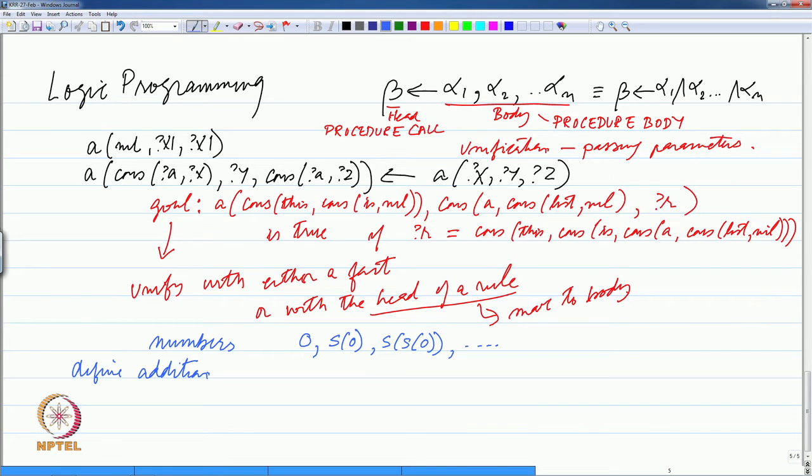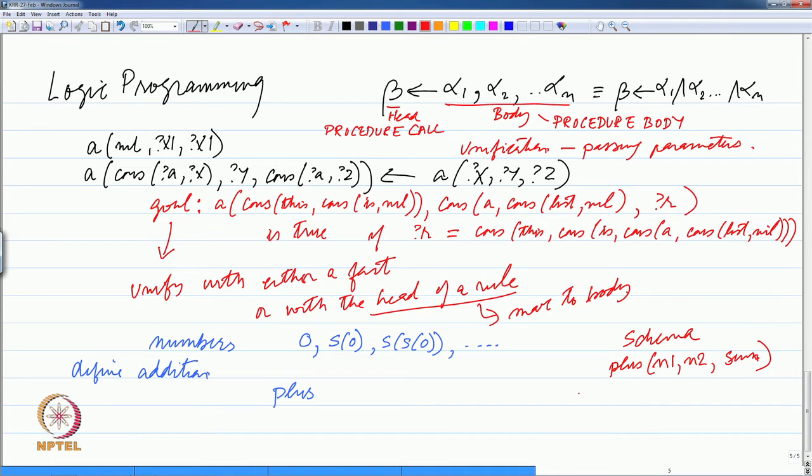Now, again very analogous to the definition of append, I am writing it on the same page here. We have a definition for addition, and let us call this predicate plus, and the schema of plus is, let us say, number 1, number 2 and sum.